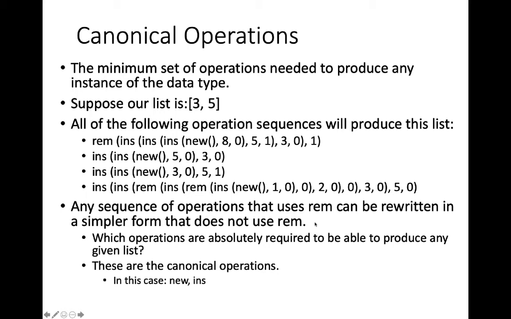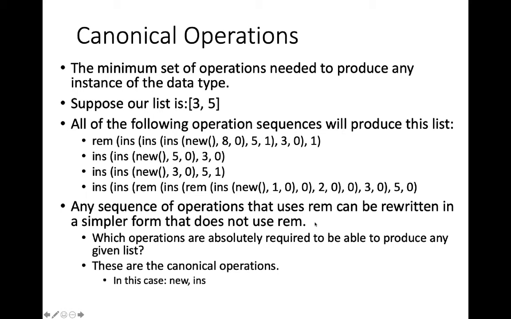The first version and the last version, the removes, right? Yes, these are sequences of operations that will generate this list, but all the remove operations that are part of those sequences of operations aren't really necessary. They just counteract insertions that I'm going to delete later in order to get to the list I want.